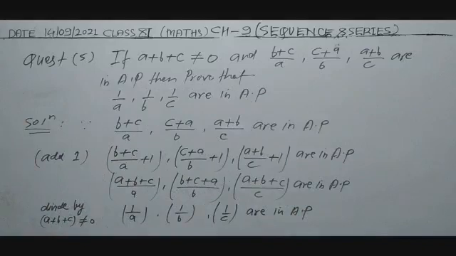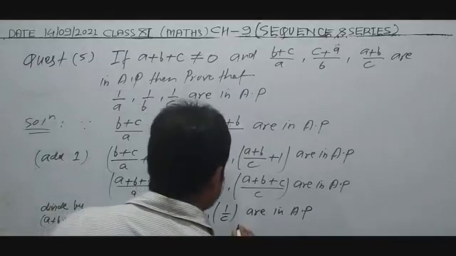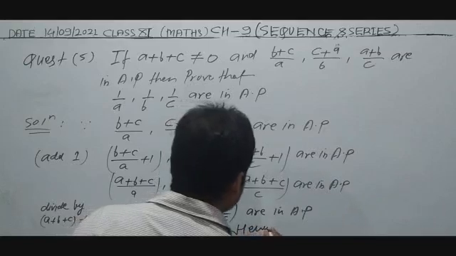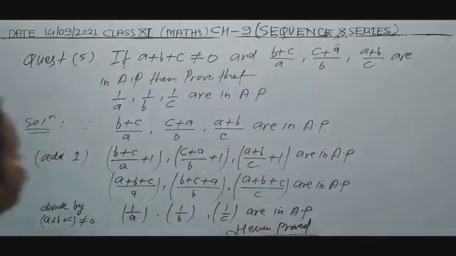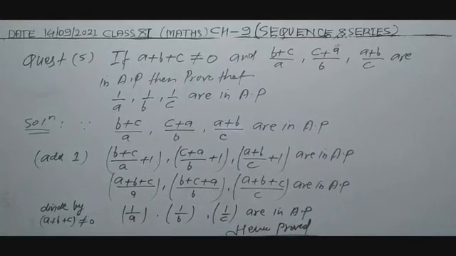So this shows 1 upon a, 1 upon b, 1 upon c are in AP. Hence proved. Now question number 5 is completed.